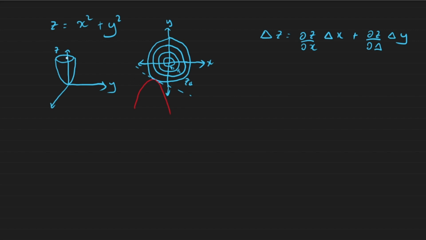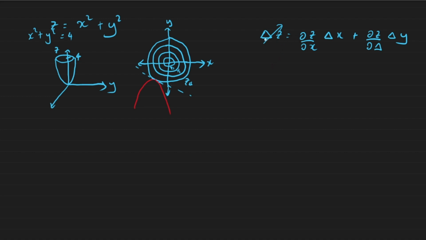If, for example, z is equal to 4, this function becomes x squared plus y squared is equal to 4. So z is a constant, and of course, the derivative of a constant is 0. There's no change because it's constant. So delta z is 0.